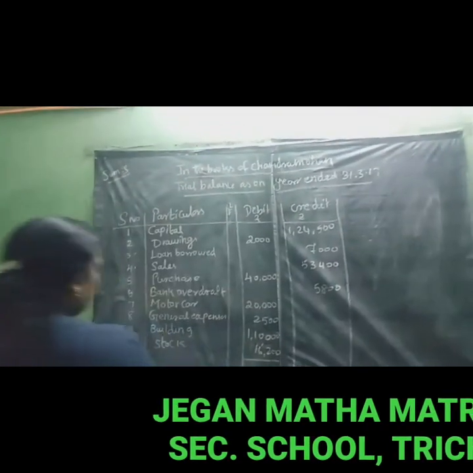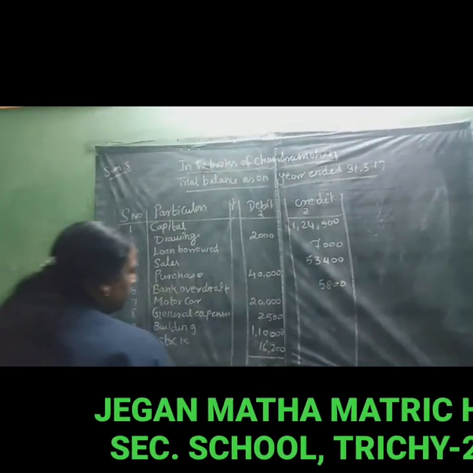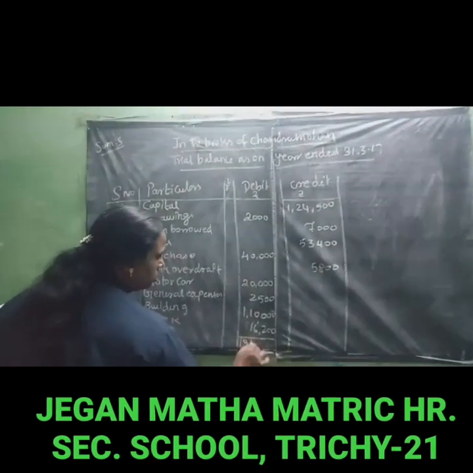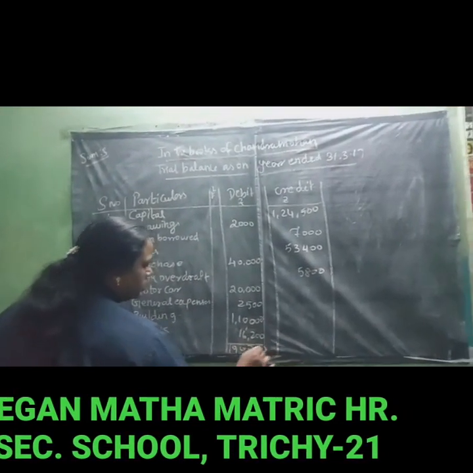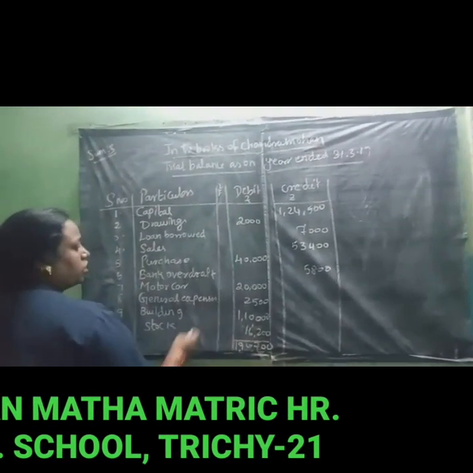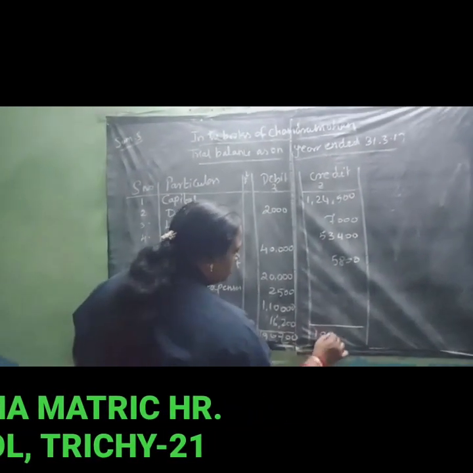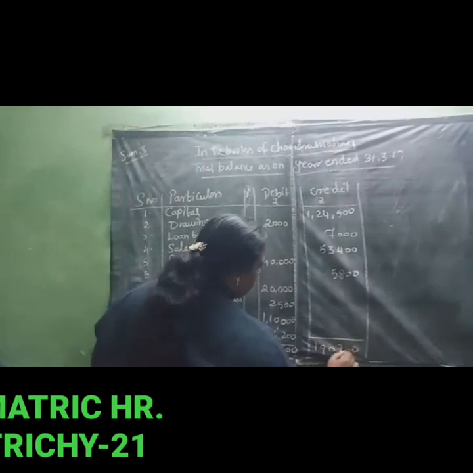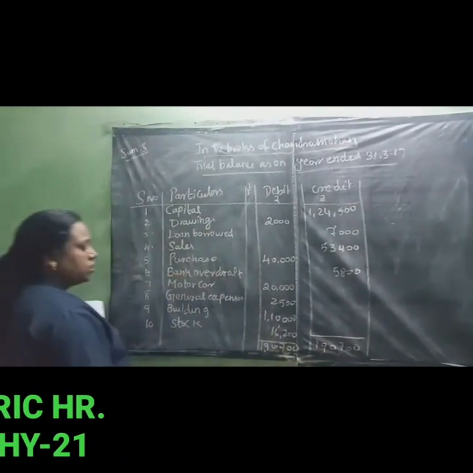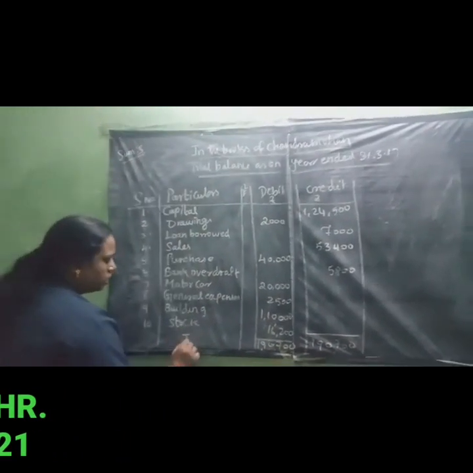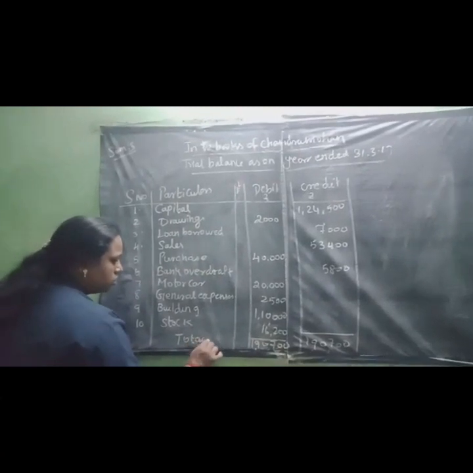So what is the amount of total? 1,90,700 for debit column. Then credit column also the same, 1,90,700. So in trial balance both sides must be equal. So total 1,90,700.